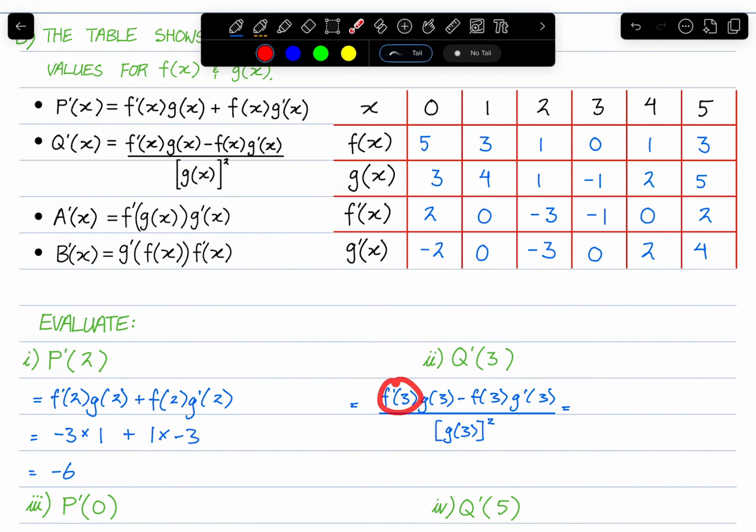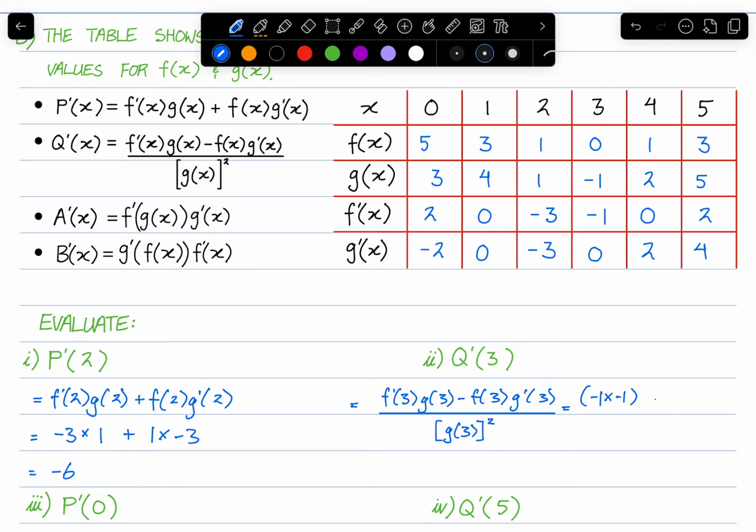F prime of 3 is -1 times g of 3, sorry, did I read the right one here? F prime of 3, -1, yep. G of 3 is also -1.